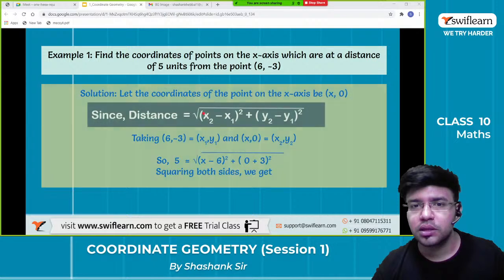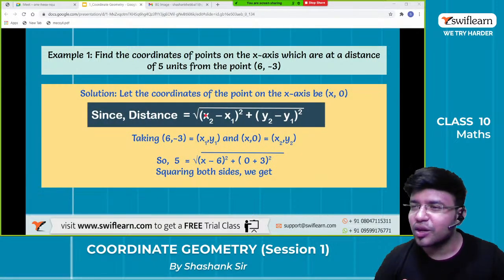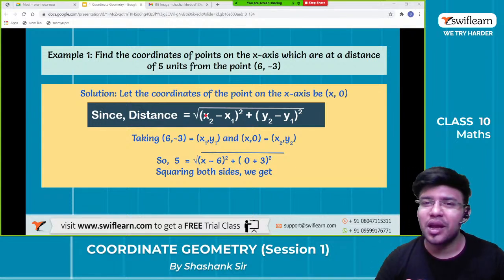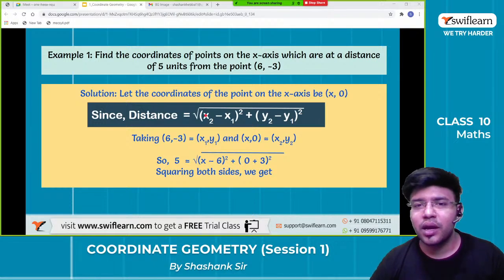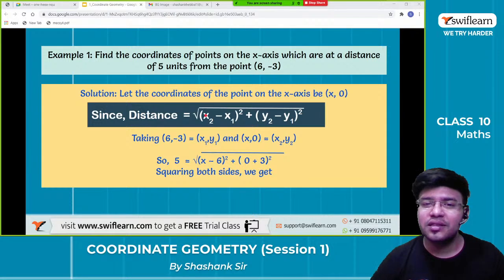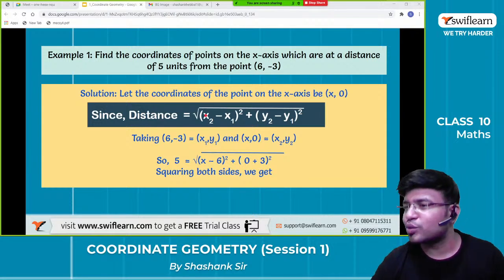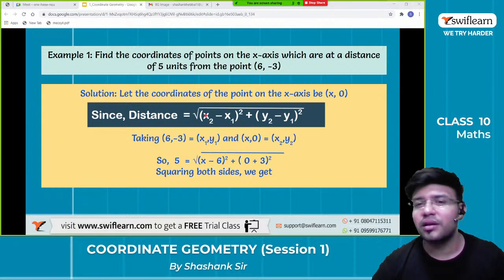What has been asked? Let the coordinate points on the x-axis be (x, 0). Since the distance formula is given by the square root of (x2 minus x1) whole square plus (y2 minus y1) whole square, taking (6, -3) as (x1, y1) and the other point on the x-axis as (x, 0), substitute it here.